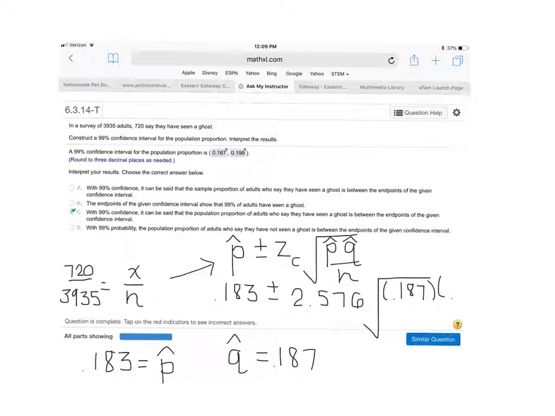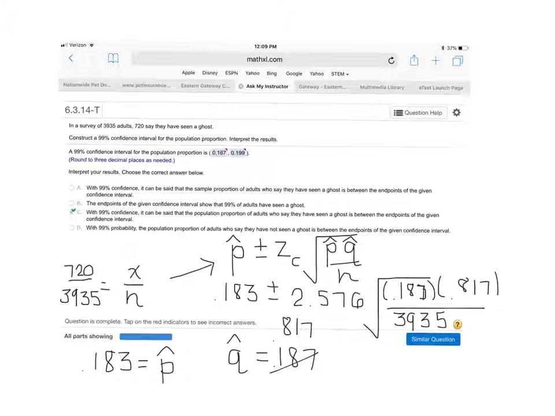Our p hat of 0.183 times our q hat of 0.817, and I see I wrote that down as 0.187, all over our sample size of 3,935.